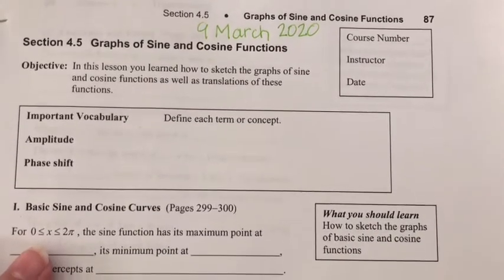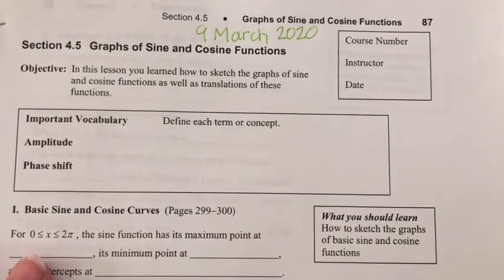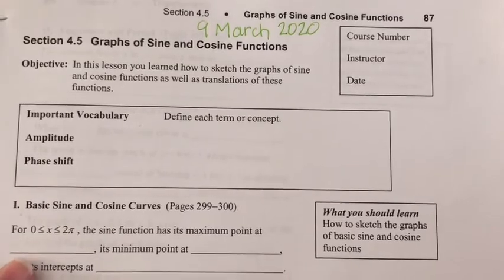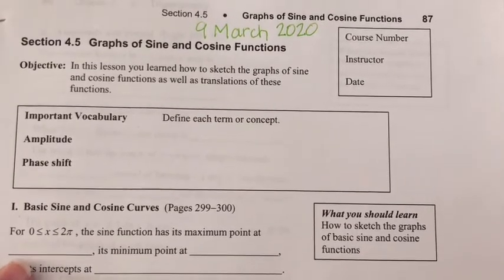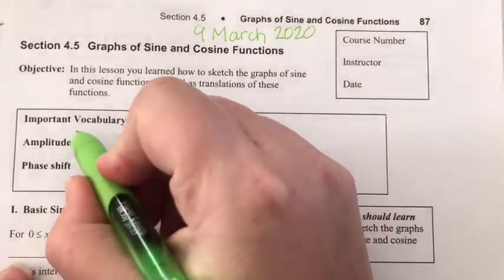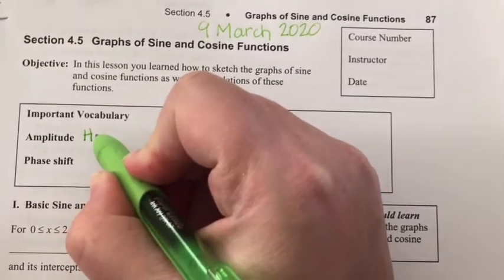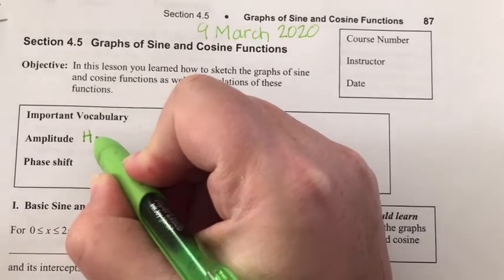Okay, the important vocabulary for this is to know the amplitude. Technically, it is half the distance between the max and the min of a periodic function like this.